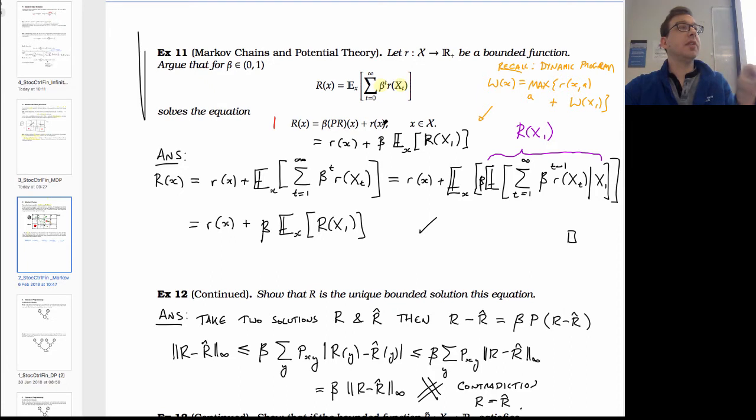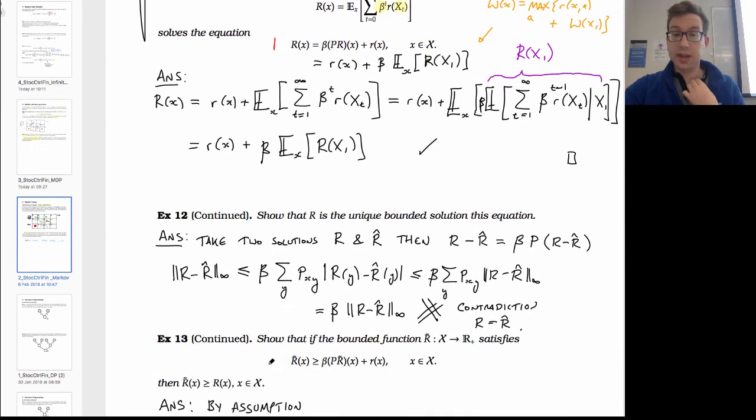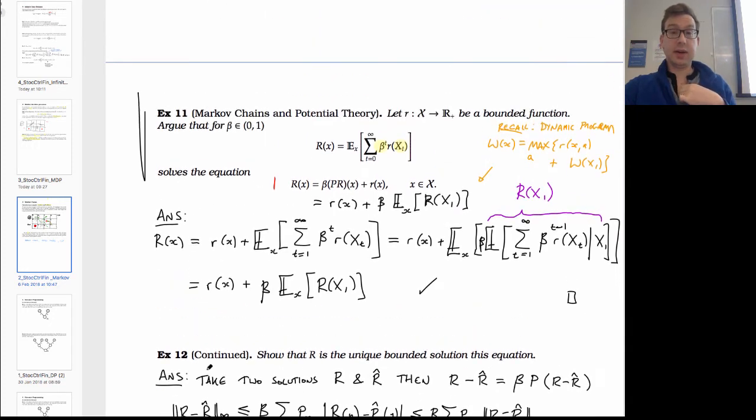So if I've got a stationary policy, I can write down this equation, and I know that R is the solution to it. We in fact know it's a unique bounded solution. We also know that it satisfies certain inequalities as well.